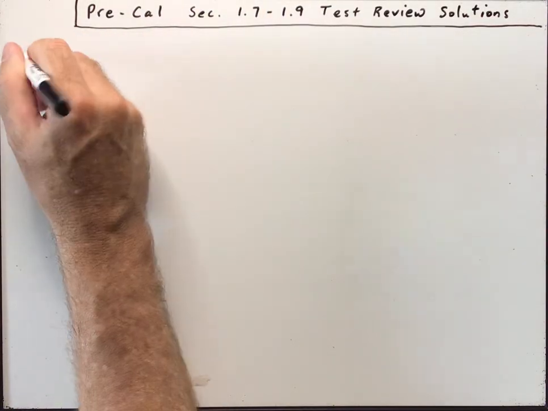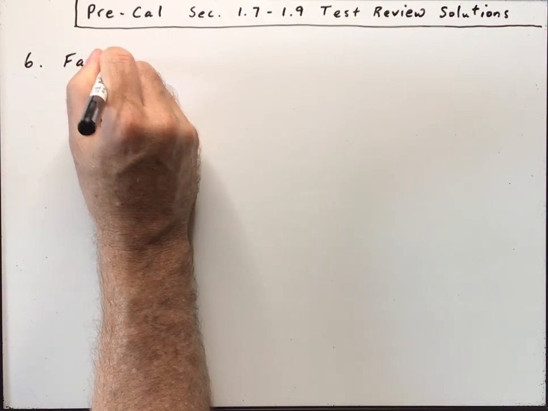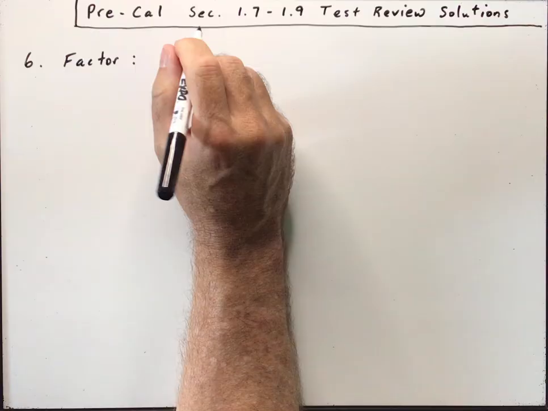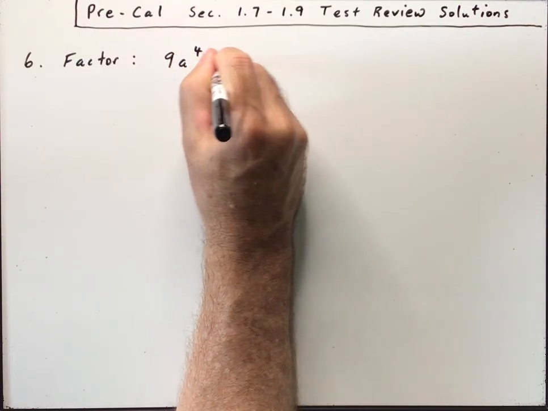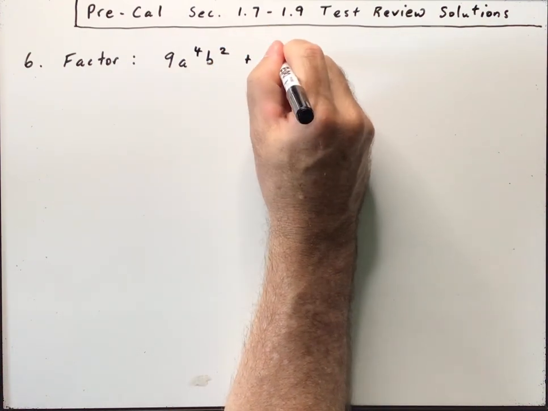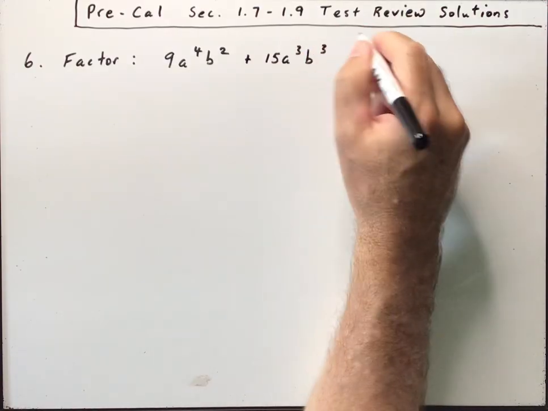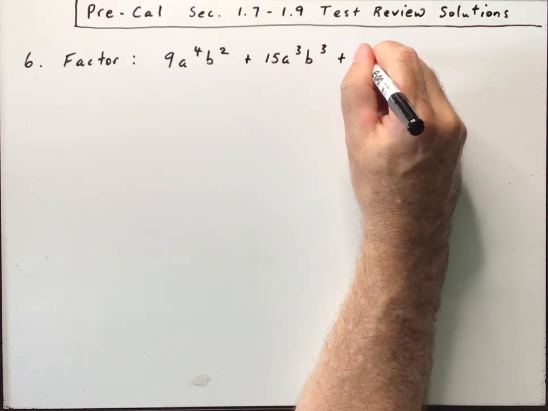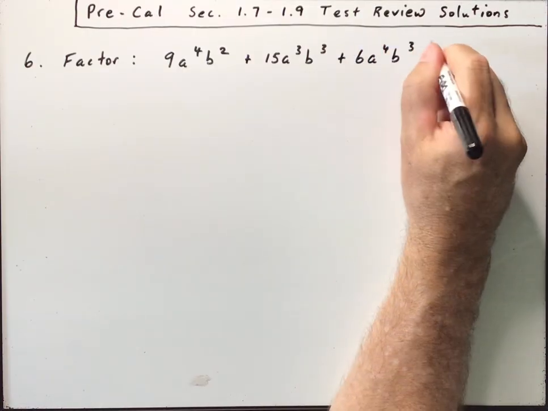Okay, number 6, we want to factor nine a to the fourth b squared plus 15a cubed b cubed plus 6a to the fourth b cubed plus 3a cubed b squared.